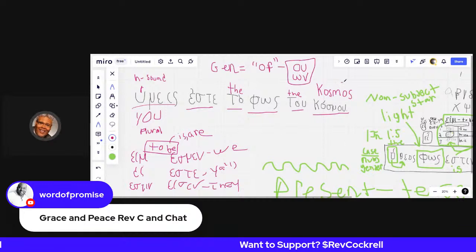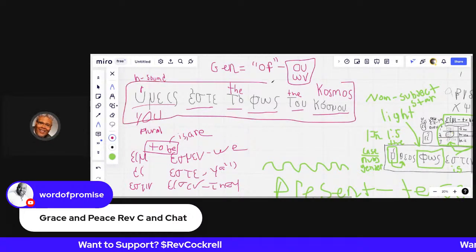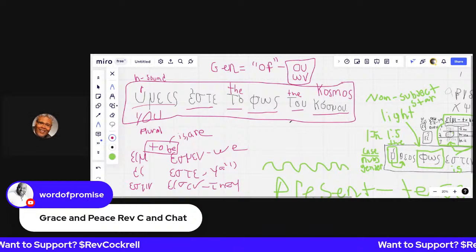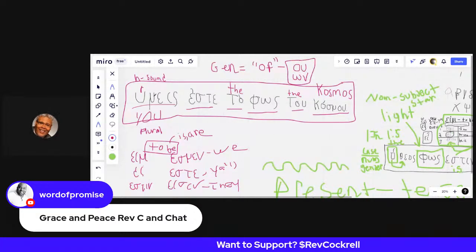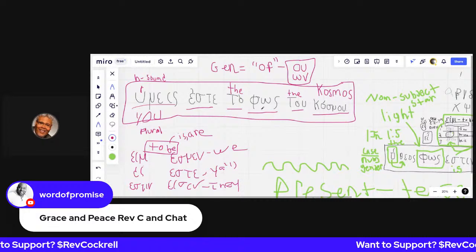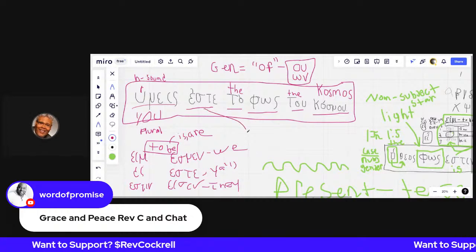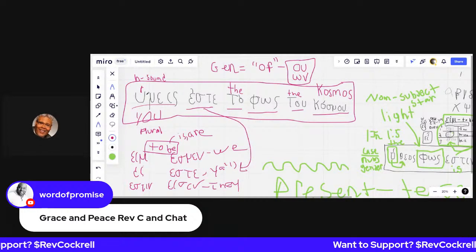So we'll translate. This is actually from Matthew chapter 5, verse 14. So y'all are the phos, the light of the world, cosmos's world. So here is este, second person plural, y'all.